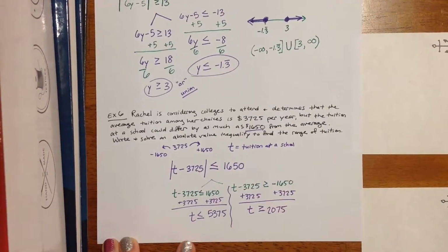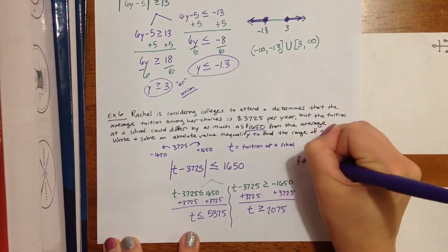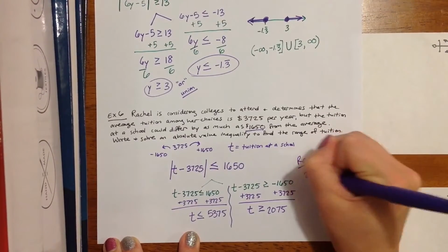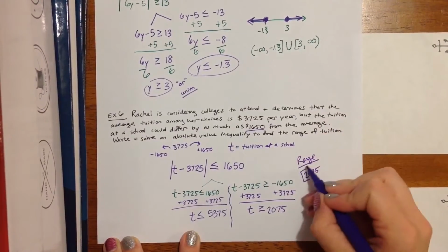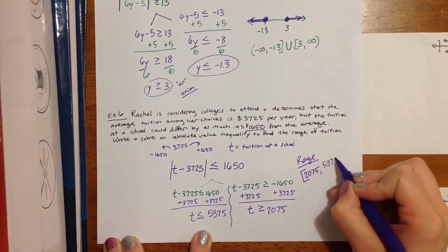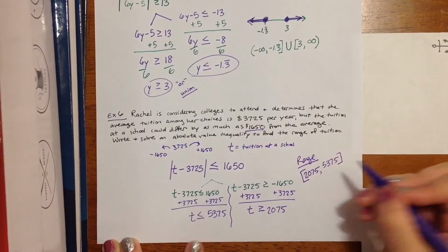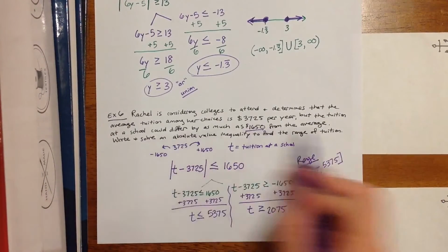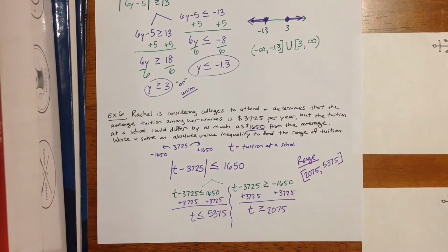So her range in tuitions is from 2,075, that is inclusive, I am allowed to have that number, all the way up to 5,375. That's how we would write it in interval notation, and that is fine. It doesn't really tell us what to do, it just says solve it, so I can write my answer like that. So that is the range of tuitions that she is looking at.